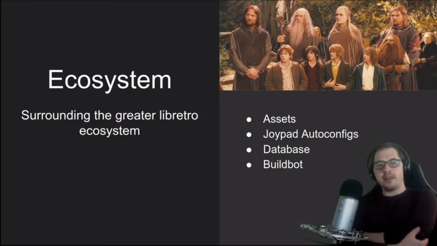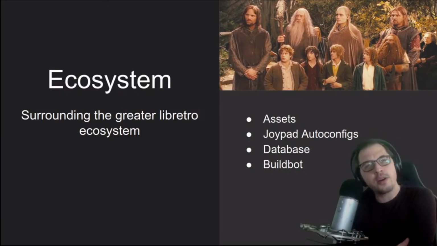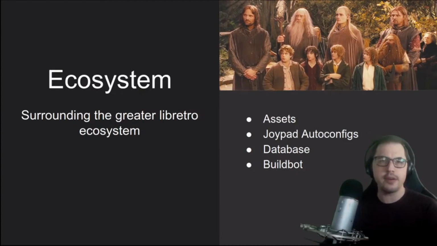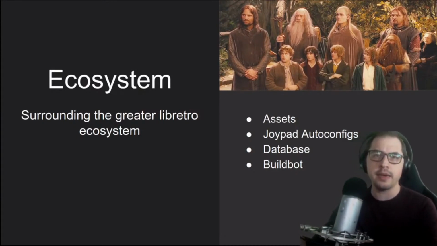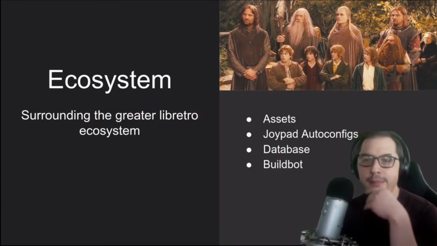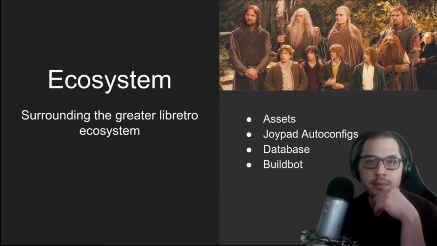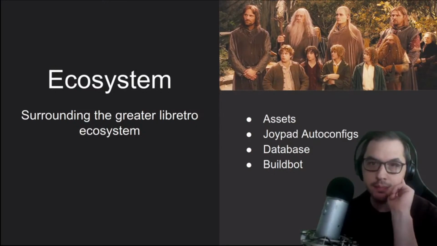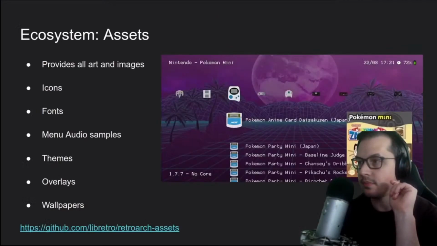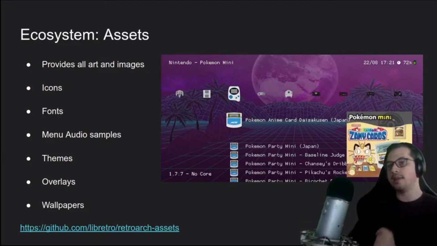So beyond the front ends, cores, and LibRetro API, what does the ecosystem around LibRetro look like? I'll be speaking about assets, the joypads, auto configs, the database system, and the build bot right here. So the assets.